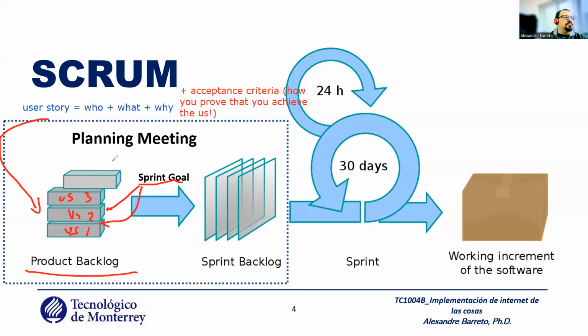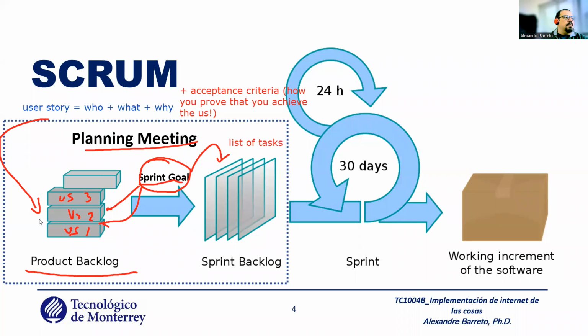And what you need to do during the planning meeting is get the user stories related to the sprint goal and transform these user stories into tasks, a list of tasks to finalize, to acquire this sprint goal.